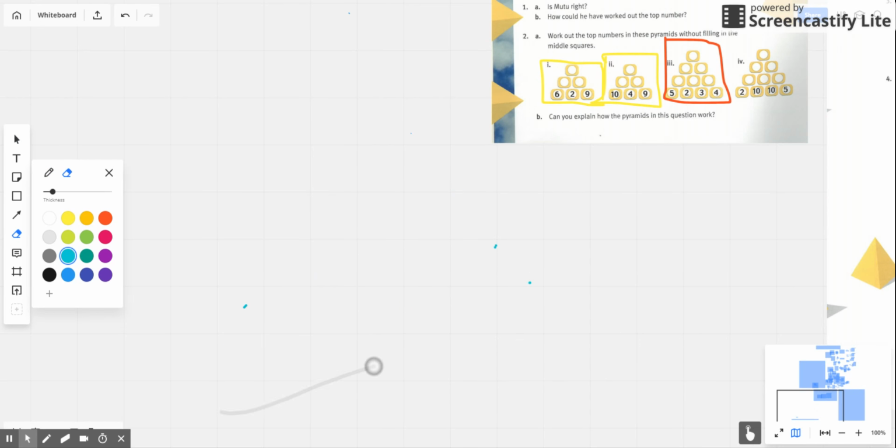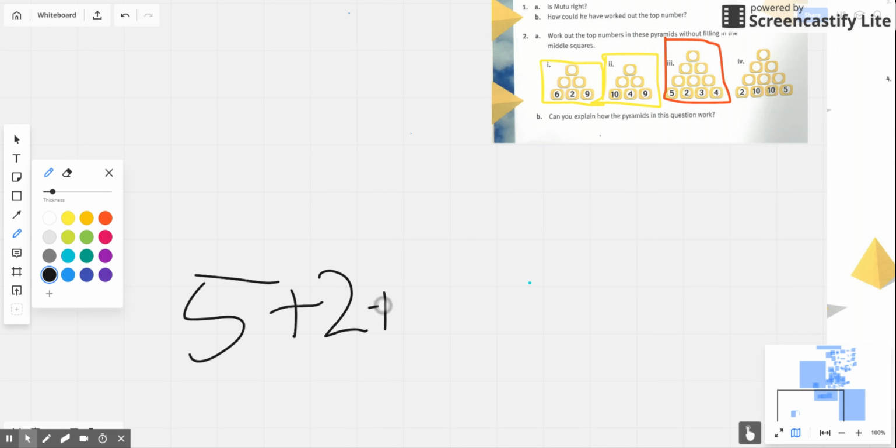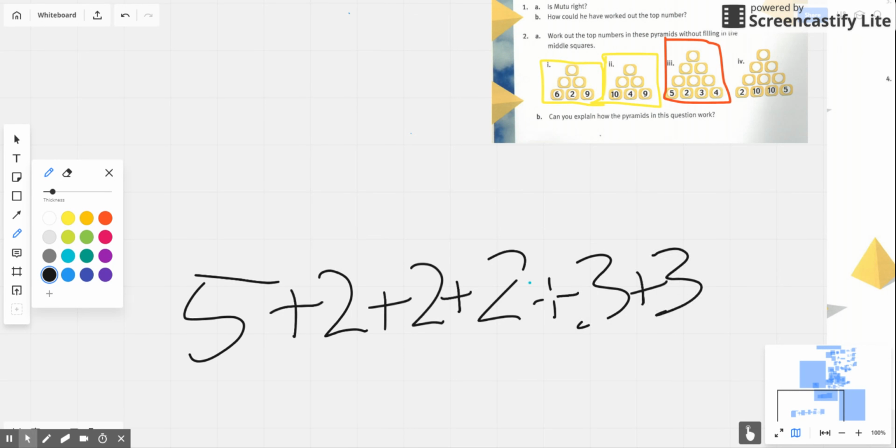Because we're looking for that number 21. So if we go 5 plus 2 plus 2 plus 2, remember we're adding them 3 times now, plus 3 plus 3 plus 3 plus 4, is this going to be 21? I want you to work it out, and you'll notice that yes, it is 21.